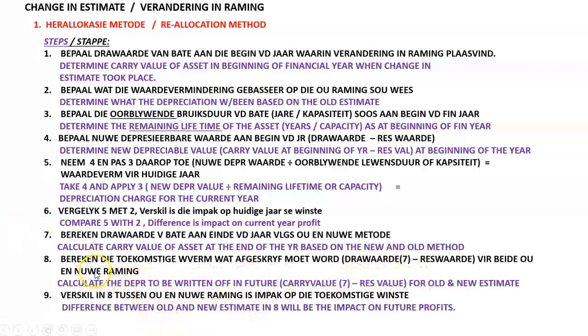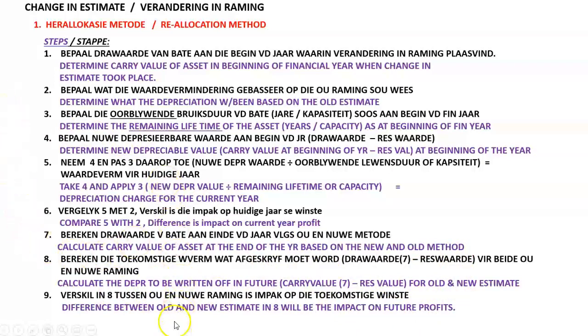Now, the old way, so the old depreciable amount, so the future depreciation that I've calculated in A, in comparison with the new way, also calculated similarly, the difference between those two will be the impact on future profits. So what did I calculate in the first column?